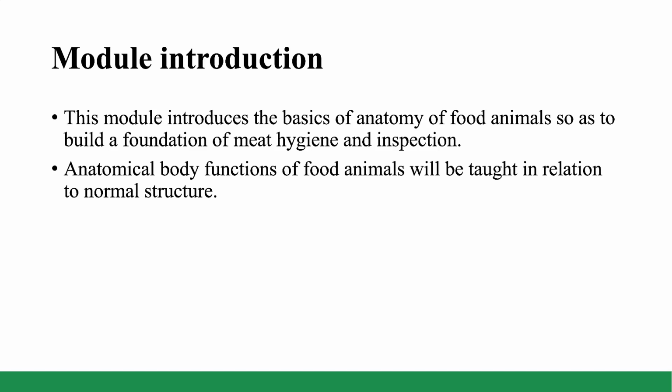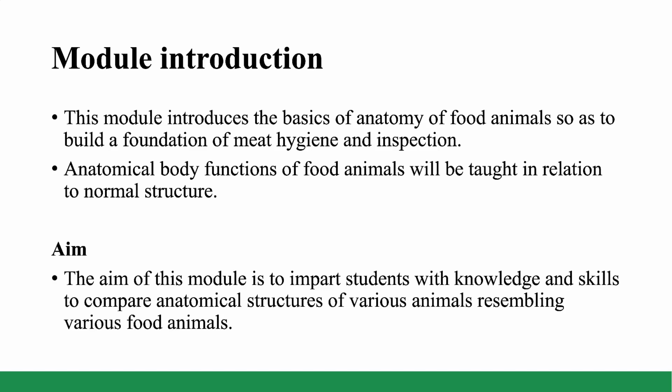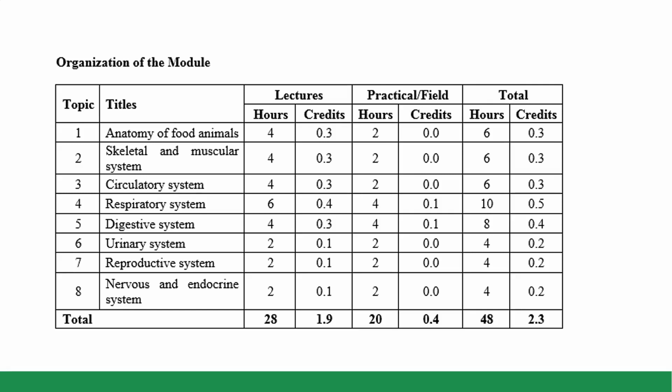The main objective is to impart you with the knowledge and the skills in relation to comparative anatomy. How are you going to differentiate food animals from other animals which are not edible in relation to how they look anatomically? This is how the module is structured in your curriculum.